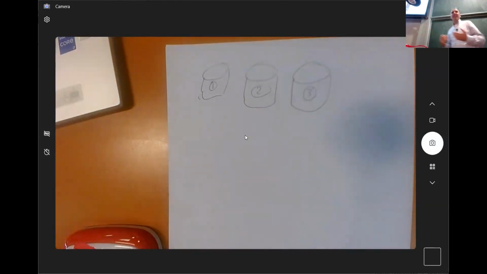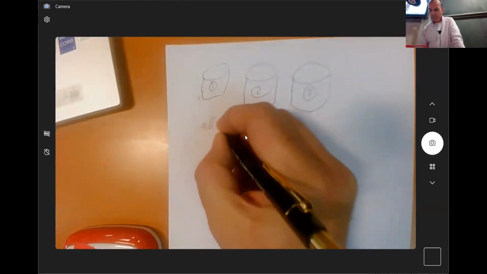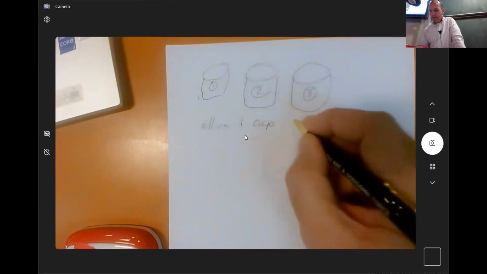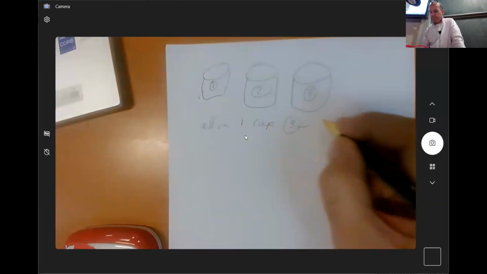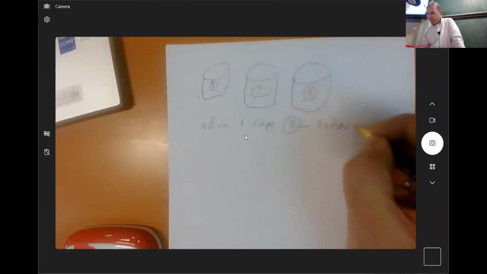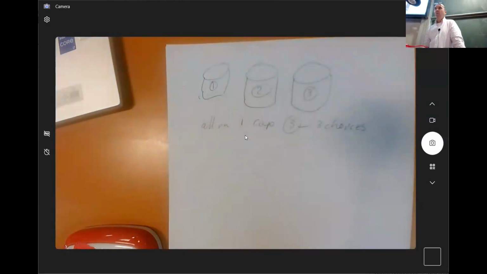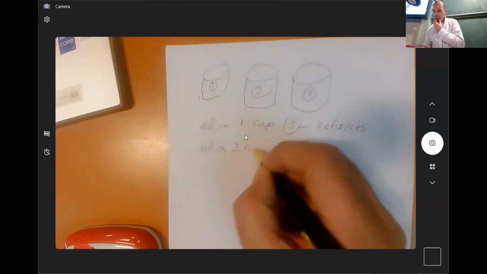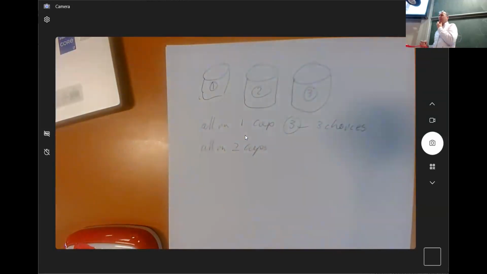What I could do is decide I'm going to put them all into 1 cup. All right. And so I'd have 3 choices. Or if I decide I'm going to put them into 2 cups, that gets a bit more complicated, all right? But I'm deliberately choosing 2 non-empty cups.